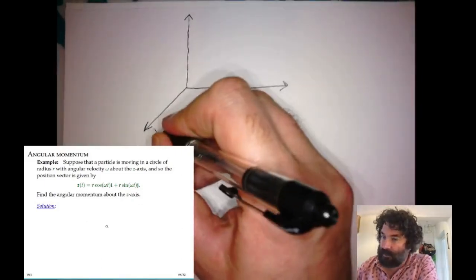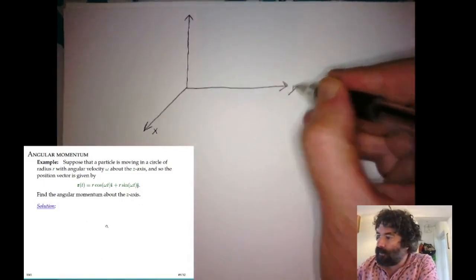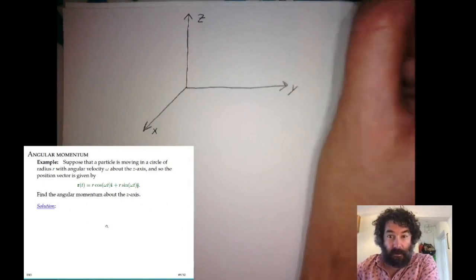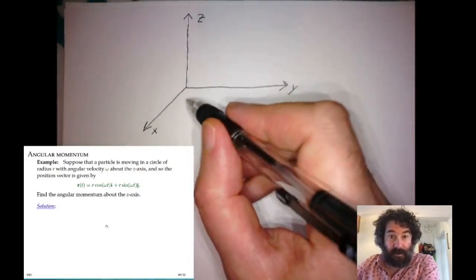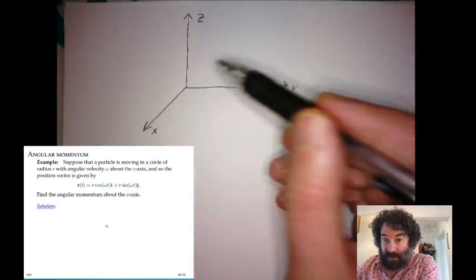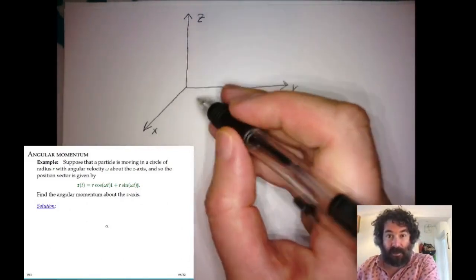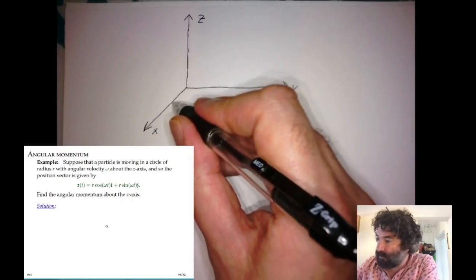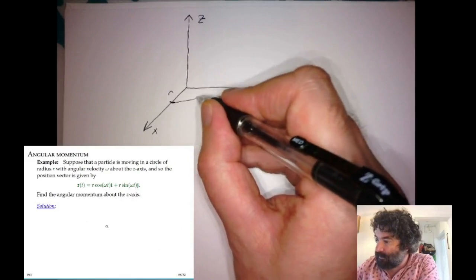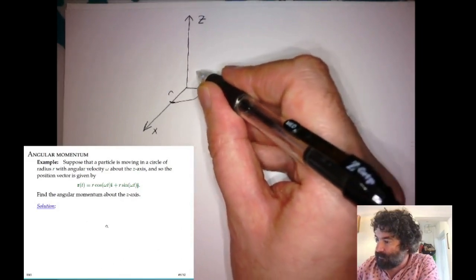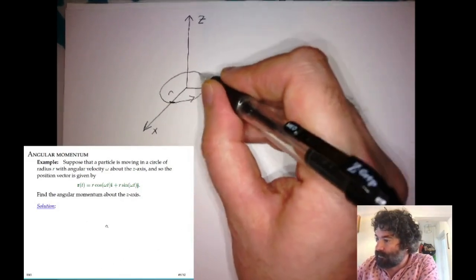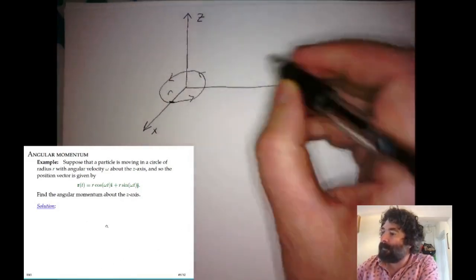And so we have here the x, y, and z axes. And then the motion of the particle is in the xy plane. So note the position vector is always a combination of i and j. So it's in the xy plane, and it's simply moving around a circle of radius r, lowercase r, centered at the origin. So it's rotating around the z-axis on this circle of radius r.